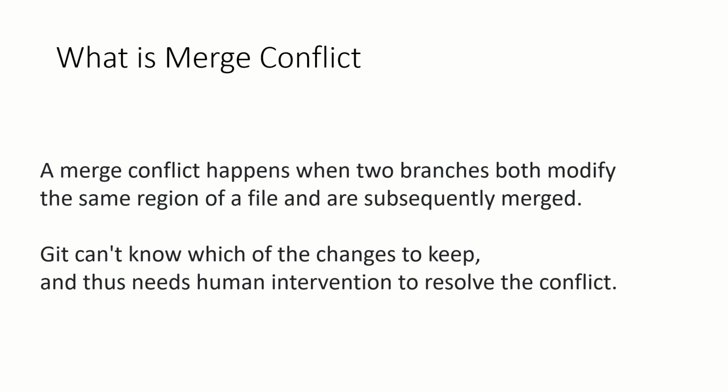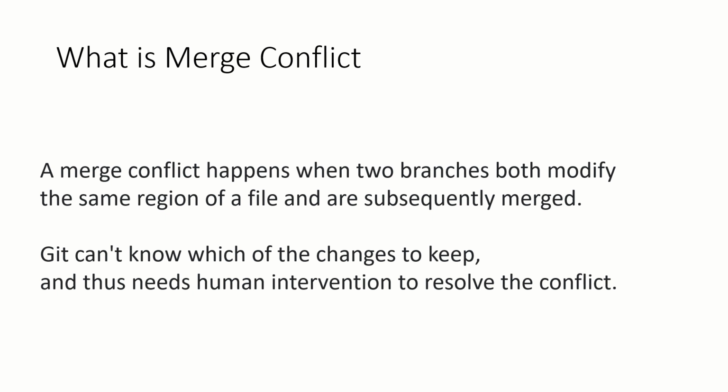So let's say developer 1, which is working on the test 1 feature branch, has committed some changes in file A at line number 10. Okay, now those changes are pushed to the feature branch test 1, and then a PR is raised and the changes are merged to the master. Now test 1 changes are there in the master.